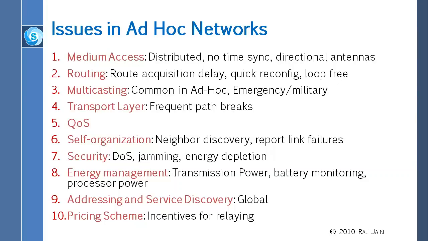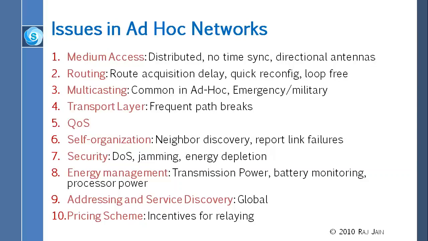Transport layer. So all the issues of wireless TCP are still here. In addition, there are frequent path breaks. People are moving in and out, so packets may really get out of order and get lost, and all those issues are there.